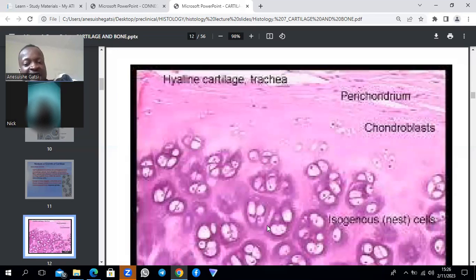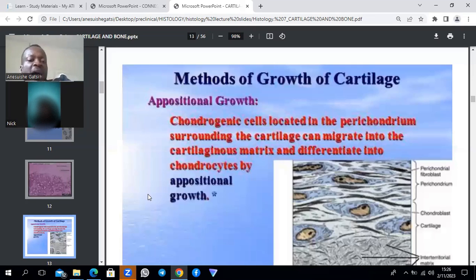I think you can see this nest of cells located in one region. These cells are growing by interstitial growth, but they all came from one cell. So the mitosis is happening there. Then appositional growth, we say there's migration of the cells from the perichondrium, then they differentiate into chondrocytes.